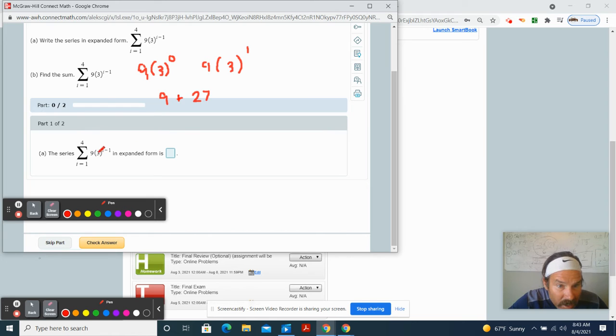The next term, if we plug in 3: we plugged in 1 and got this, we plugged in 2 and we got this, we plug in 3 and we have 3 to the second power. 3 to the second power is 9. 9 times 9 is 81.